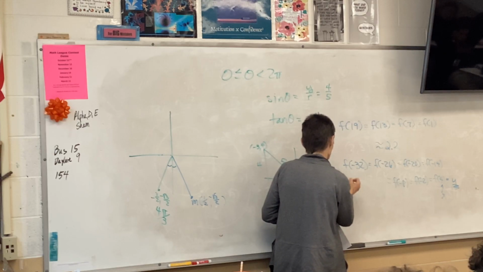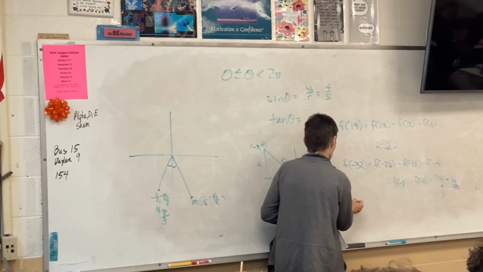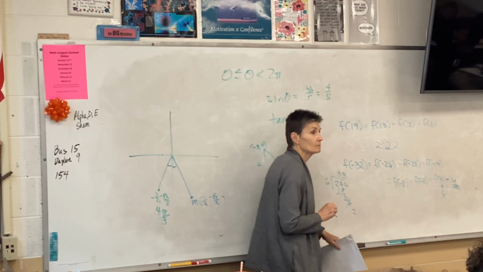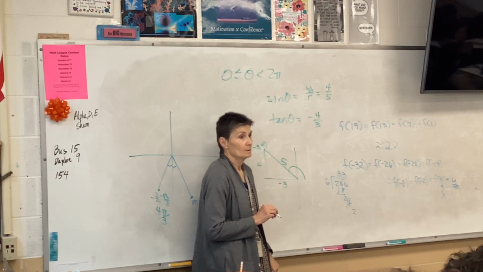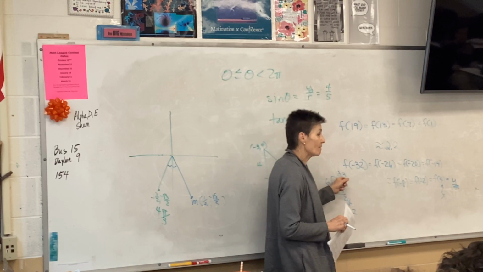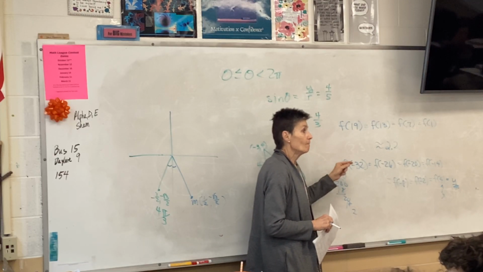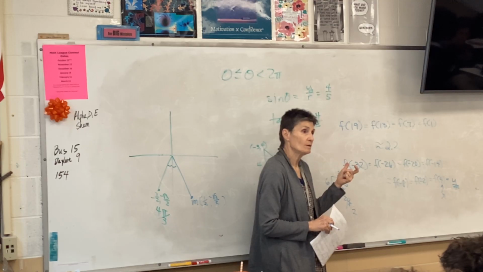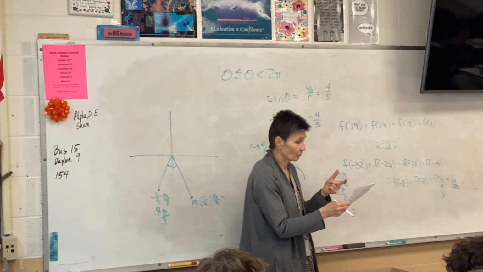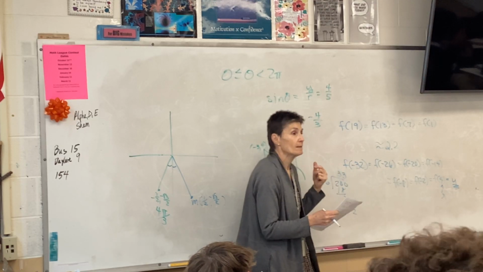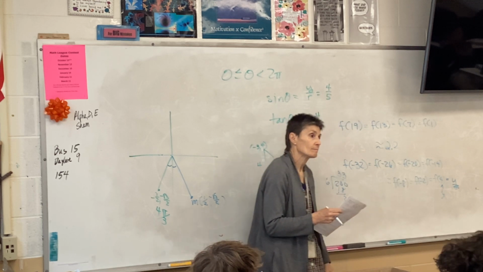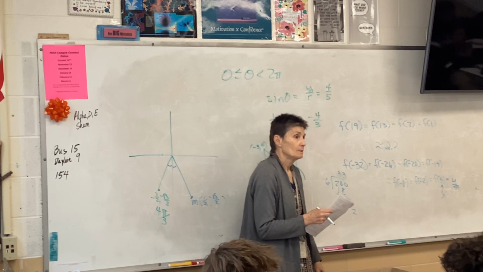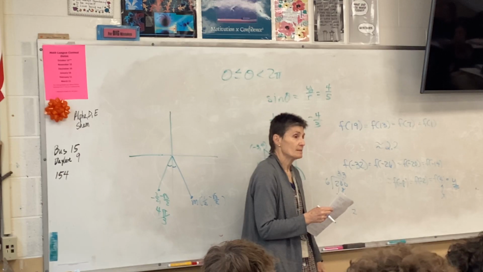It looks like 33 with a remainder of 2. Now what does that mean? That means I have 33 full periods, and then I have 2 units left over, so it's going to be the same as f of 2, and f of 2 is 3. Does that make sense?